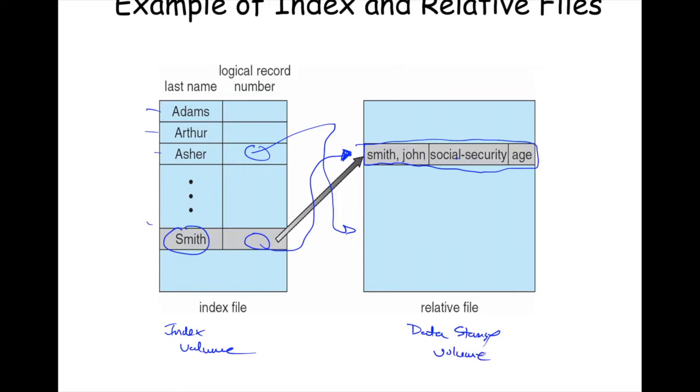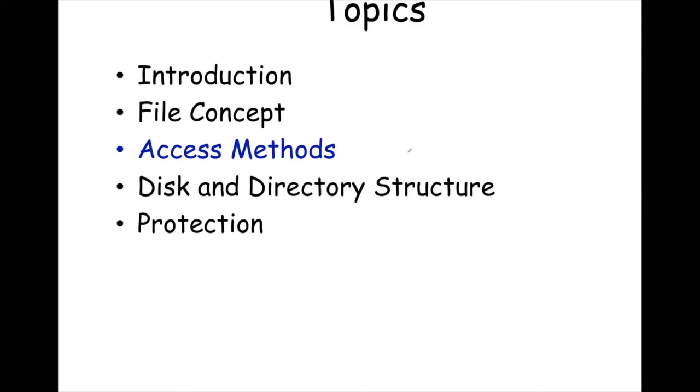That's where the actual data is. And so with an index relative file, you have the index, which is a shorthand, and yet that shorthand contains a location that is where on the large disk you can find the actual data. Okay. And of course, this index can exist in multiple levels.